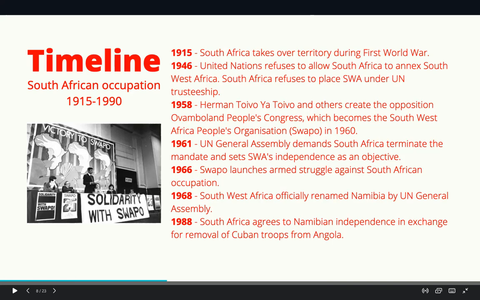This was due to the fact that it was a League of Nations administered territory because Germany was pretty damaged after the First World War. Thus, as South Africa was part of the British Commonwealth, South Africa took part in administrating the territory.